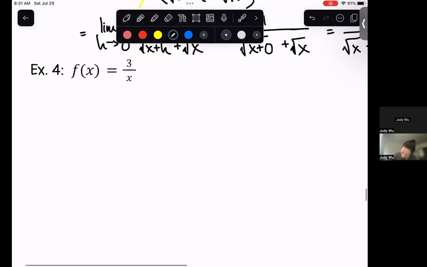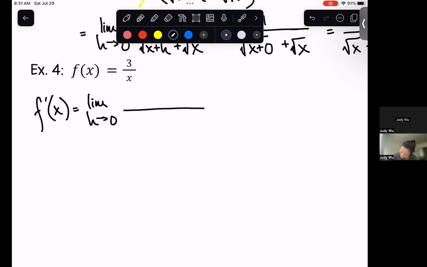So first things first, f prime of x equals the limit as h approaches 0. Now I want f of x plus h. So everywhere I see an x, I'm going to put an x plus h, minus f of x, all over h, right? That's just plugging things into the definition.